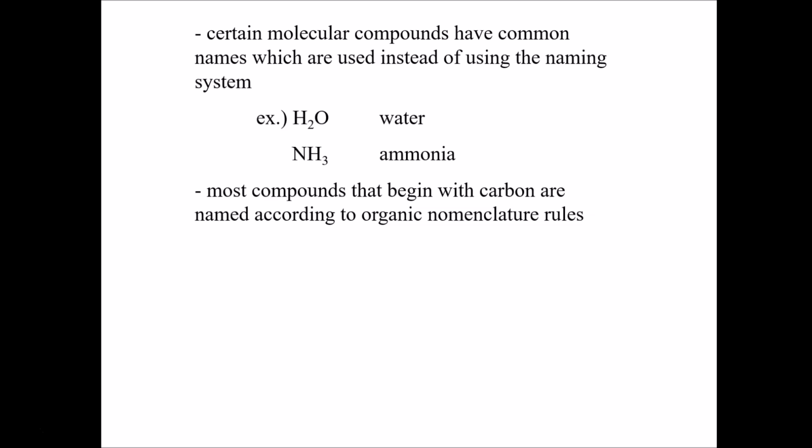And then the last little exception is if the compound has carbon and hydrogen in it. Carbon and hydrogen. Then generally we're going to follow a different set of rules for organic chemistry. Now, organic chemistry has a whole bunch of extra rules on how they do their naming.